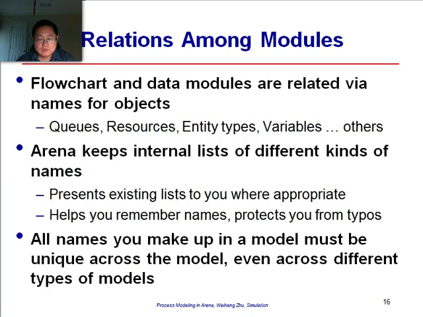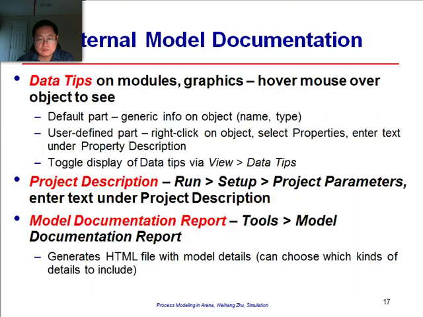Flowcharts and data modules are related through names for objects. The names must be unique within the model. There are many parameters in Arena. We will see them again later. We can generate a documentation report for the model in HTML format that can be displayed as a web page.